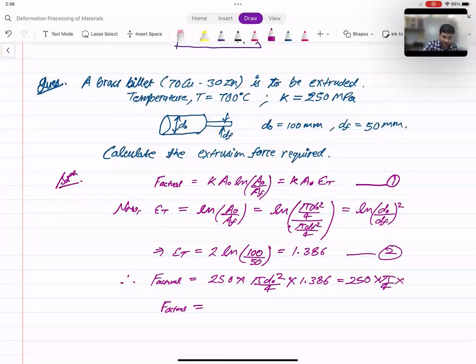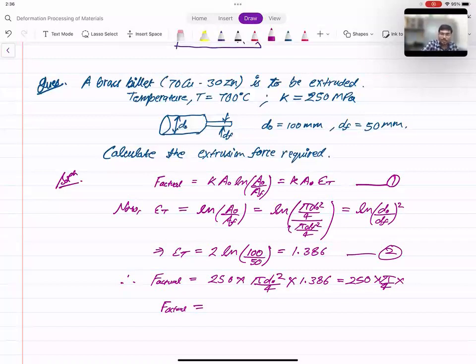See here, the K value is given in megapascals, and megapascal is nothing but Newton per mm square. So in order to get the value of force in newtons, we simply need to put the value of area in mm square only. Okay, so I'm directly putting 100 square. If I had put the value of K in pascals, then in that case I would have to put the value of this area also in meter square.